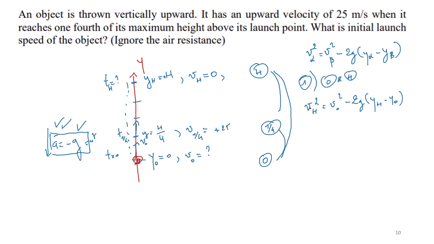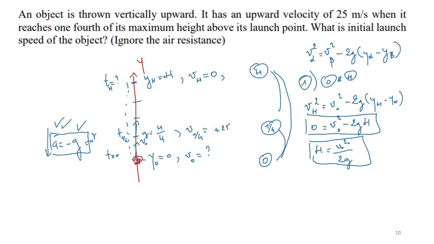VH square, the velocity at maximum height, is 0, so 0 is equal to V naught square minus 2G times H. So I have a first equation, 2 unknowns. I can write that H is just equal to V naught square divided by 2G. I don't know V naught, but also I don't know H.